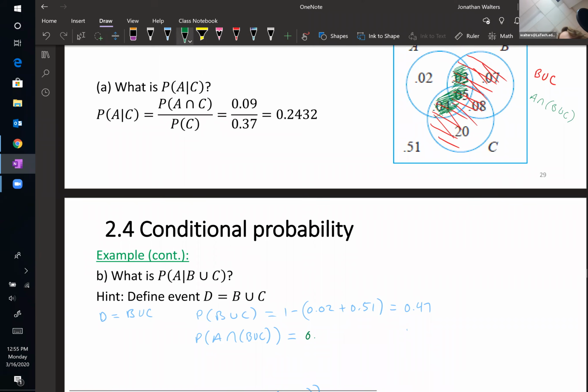It's going to be 0.03 plus 0.05 plus 0.04, which is 0.12.